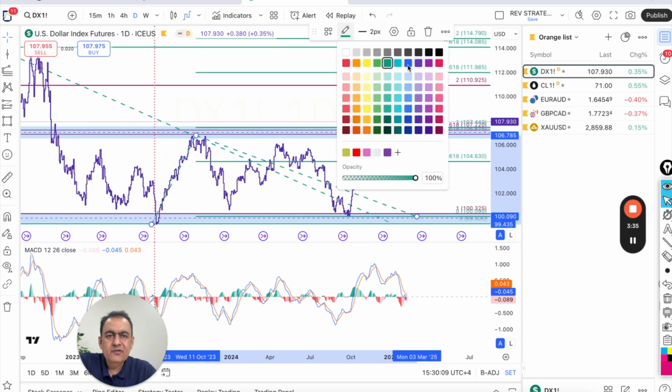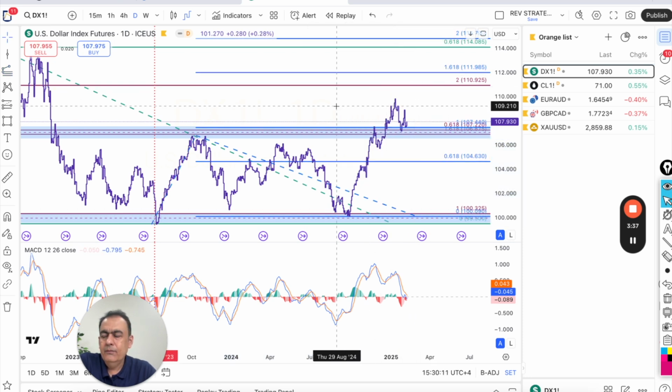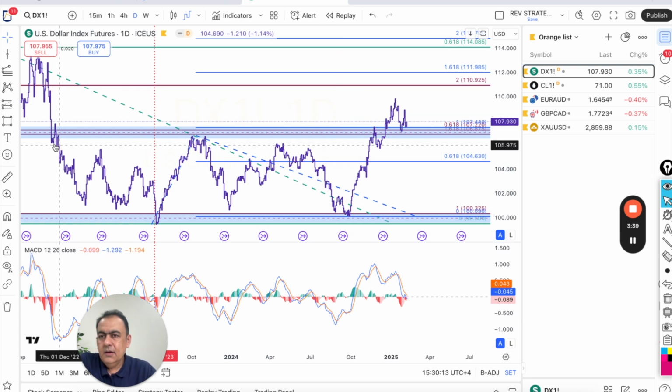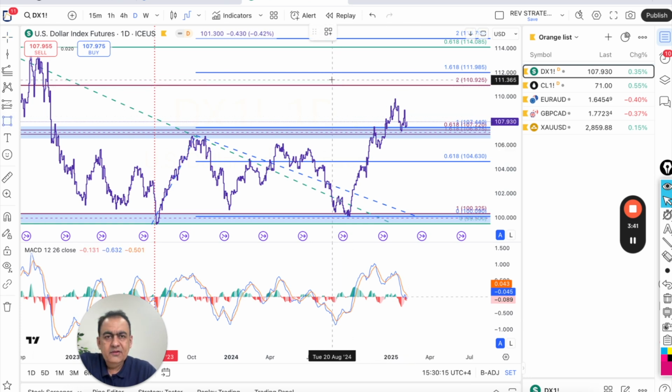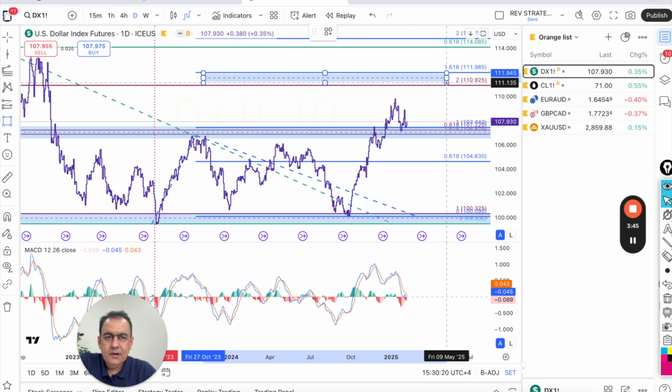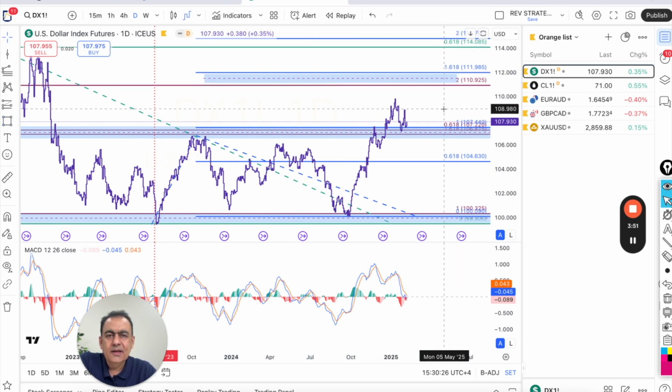And I'm going to change the color to blue. So here we get one more extension and another duplication zone, and it's a wide zone ranging between 110.92 to 101.98. So I believe this is the next destination for the dollar index.